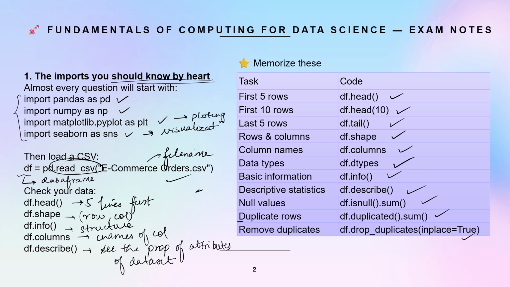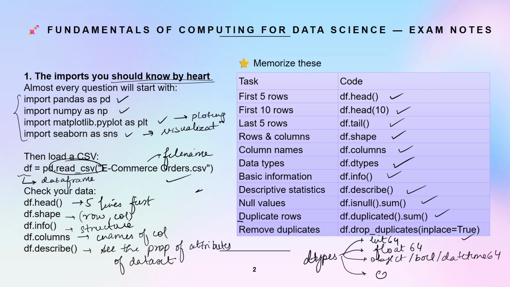Now, when we talk about dtypes, we can encounter an integer value, int64, or we can encounter a float value. We can encounter an object or a boolean value, or a datetime value.